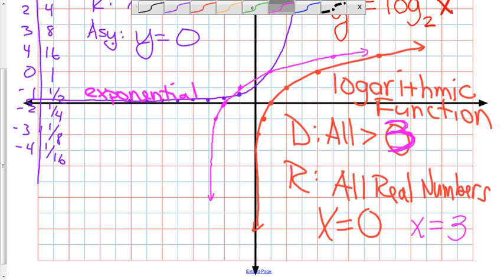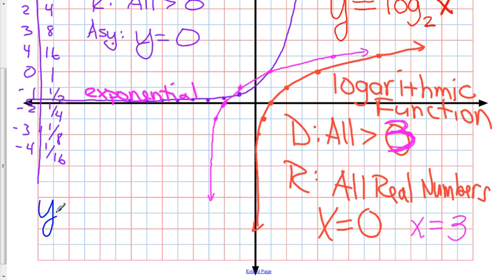And if we had some function like y equals log base 2 of x with no parentheses, and then a plus 3 here.